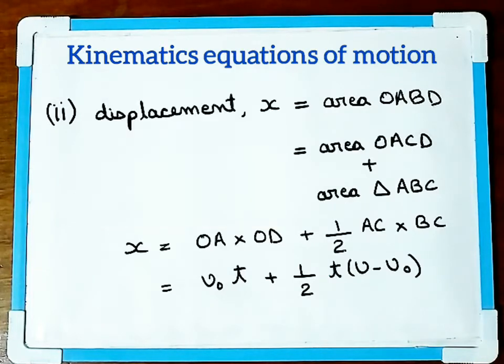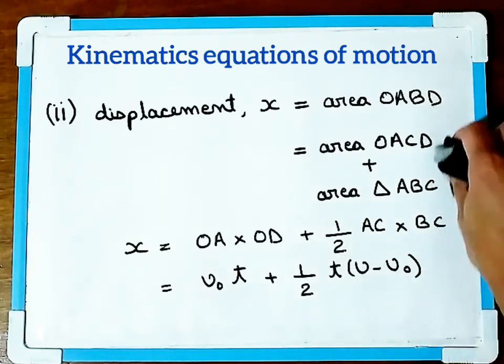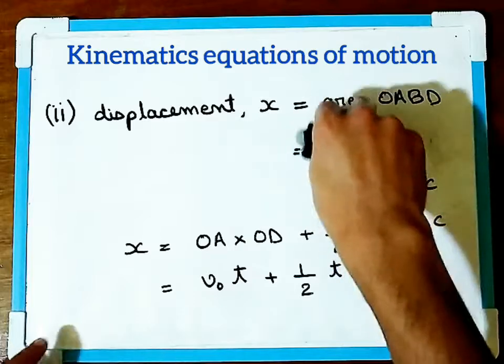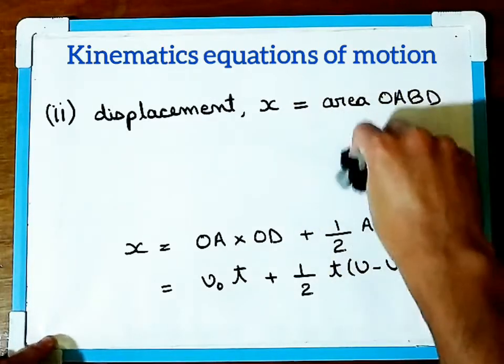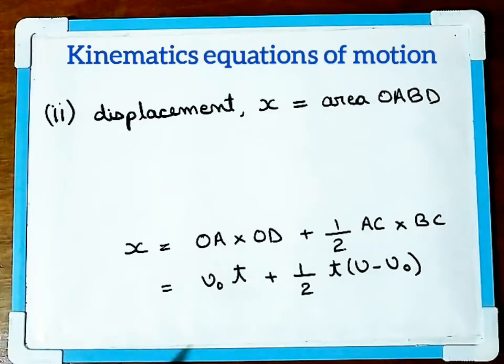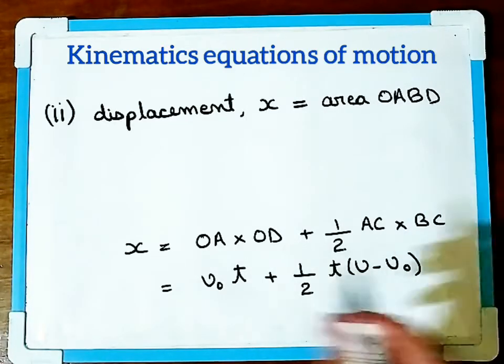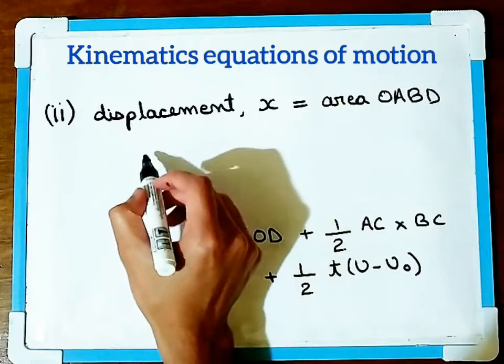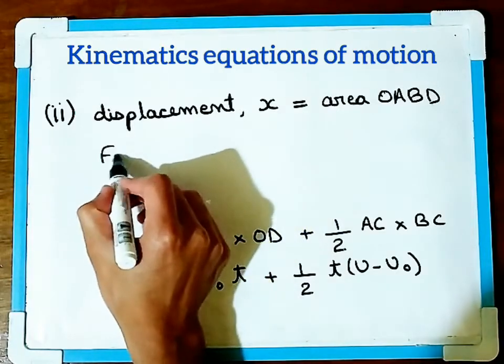But if you recall from equation 1, the first equation of motion, we have v equal to v0 plus at.